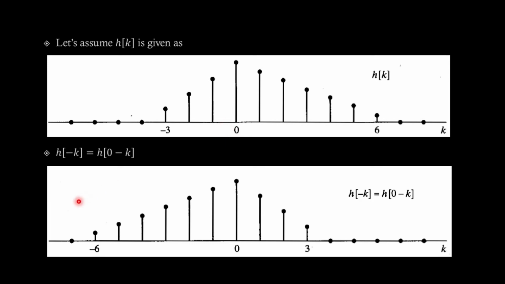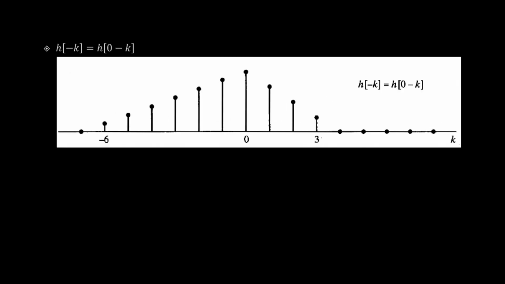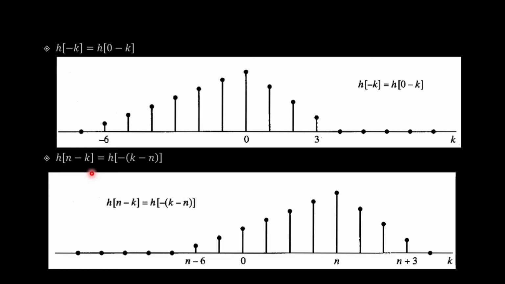Now as we have to calculate h[n minus k], we just give a shift of n samples to each sample. That means the sample at 0 goes to n, the sample at 3 goes to sample position n plus 3, the sample at minus 6 goes to position n minus 6, and so on.